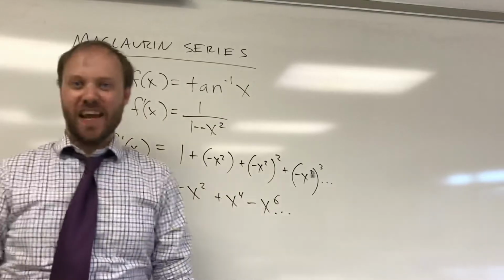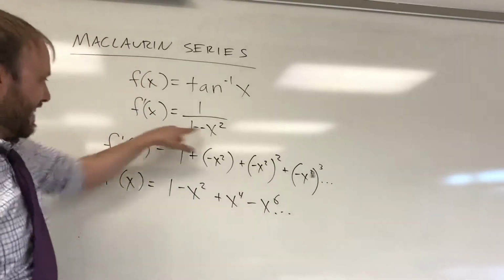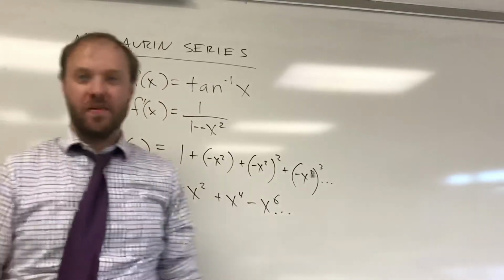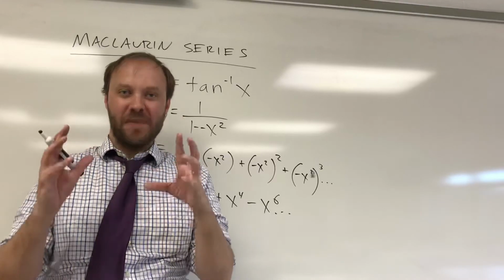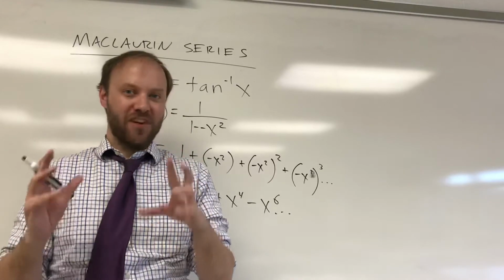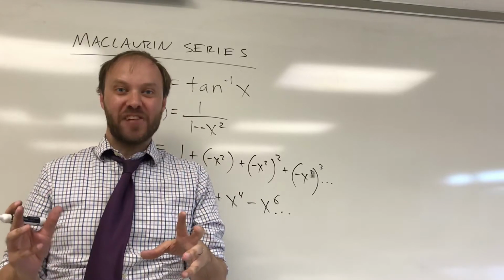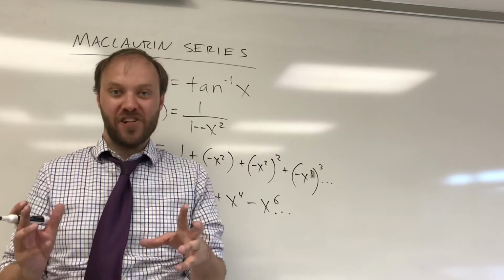Now you're looking at that, you're saying, wait a second, that's not the function we were supposed to represent. That's this. That's the derivative. I want to represent this. Well, one of the reasons that we want to be able to write non-polynomial functions in polynomial form is that it's really easy to take derivatives and integrals of polynomial functions.